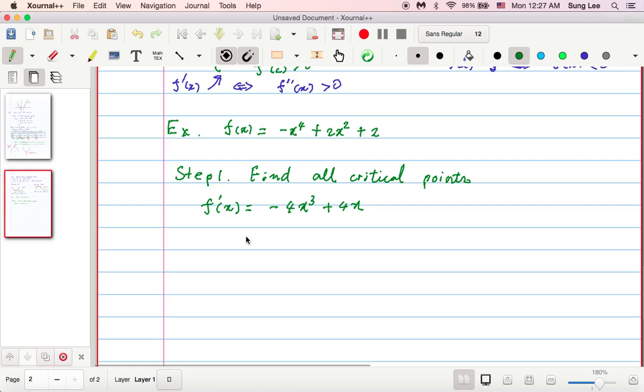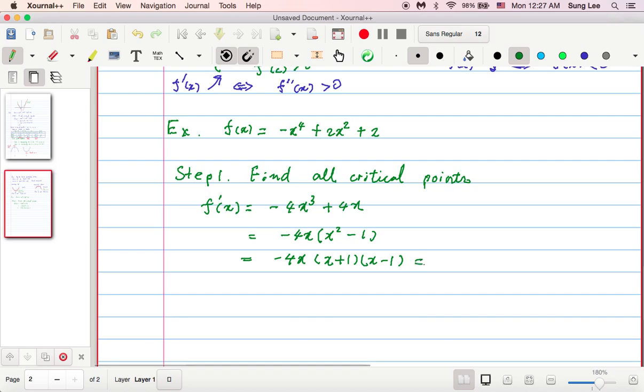So since negative 4x is in common, I'm gonna factor it out, so negative 4x, that leaves x squared minus 1, and x squared minus 1 is factored to x plus 1 times x minus 1.